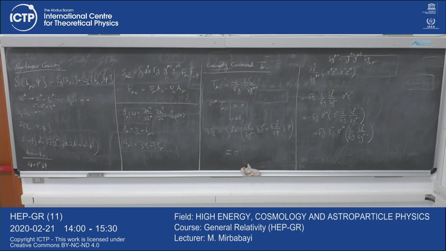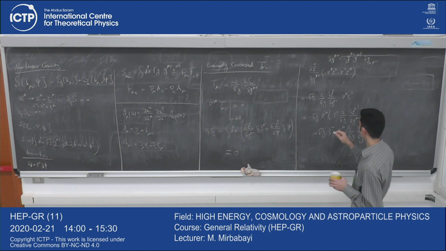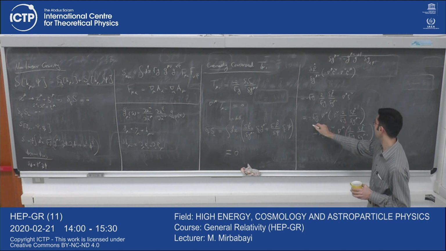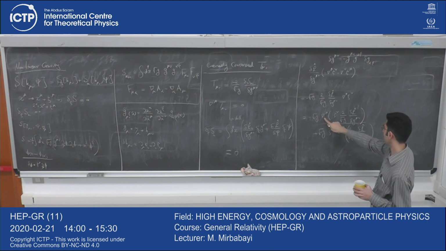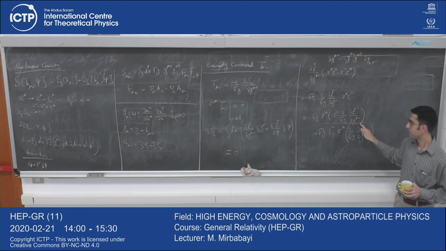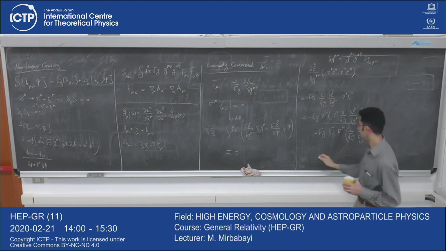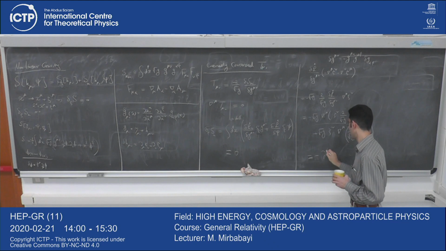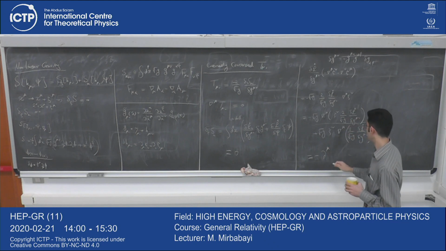And now I just use the Leibniz rule. And now I can use this golden formula that I mentioned to you in the first line. As you see, this is the covariant divergence of a vector. So this first term is just minus an ordinary derivative.